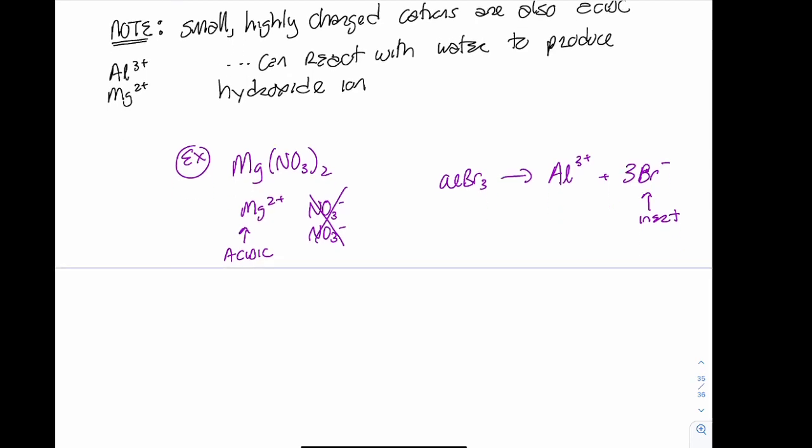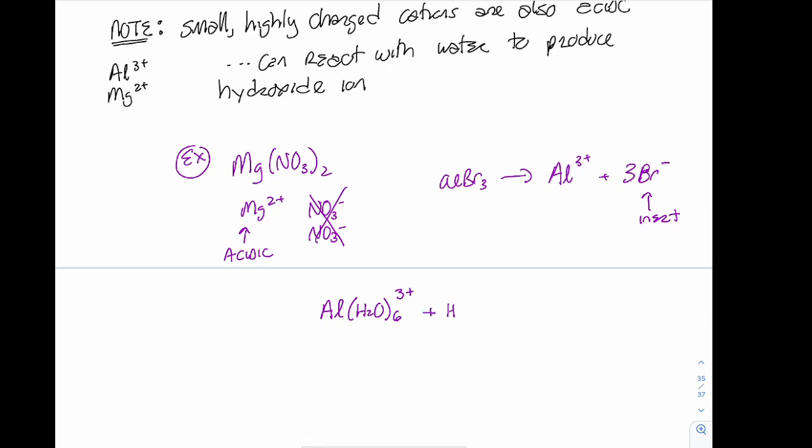So aluminum will react with water to actually bond to it. Water is neutral, aluminum has a 3+ charge, so this would be considered a complex ion. A complex ion is where you have a small molecule bonded to your metal ion, or your cation, we should say.